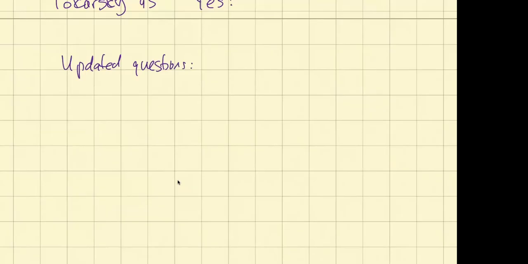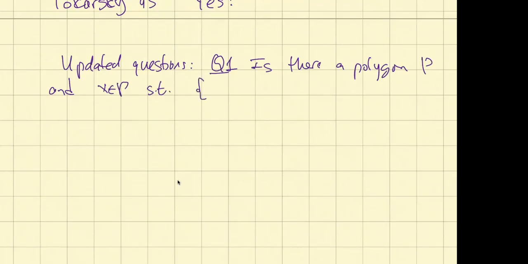Question 1: is there a polygon P and X in P such that the set of Y in P such that X does not illuminate Y contains an open set.